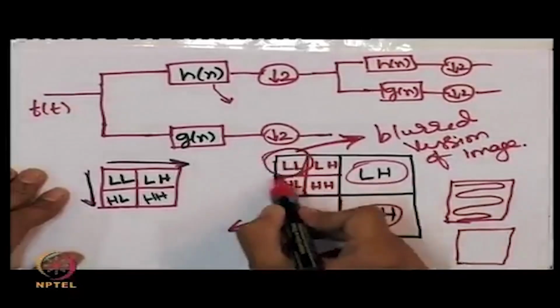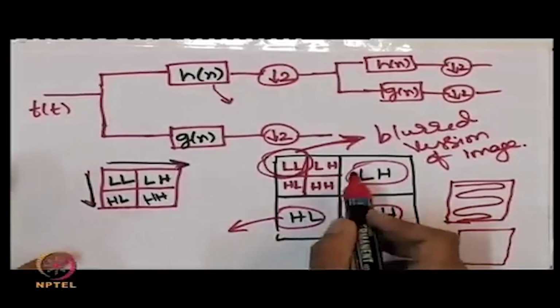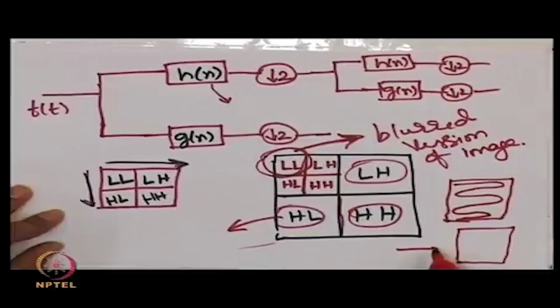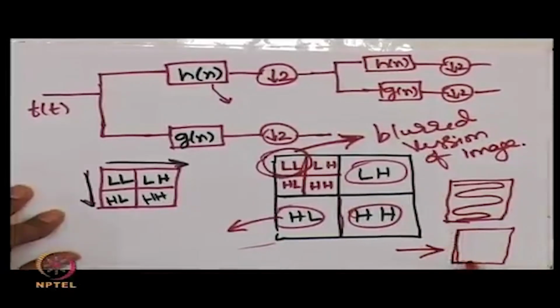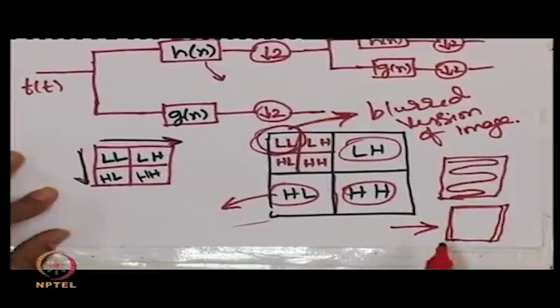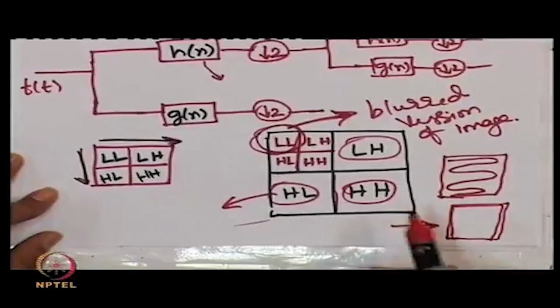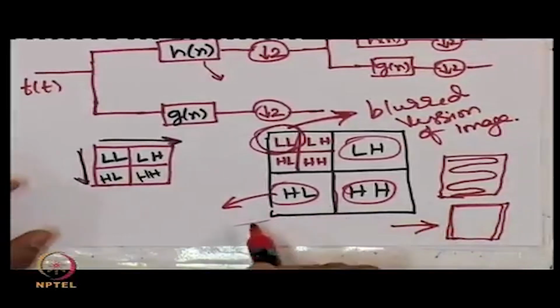First the LL band is transmitted, and then the detail bands. So if you receive the LL band first, you get the blurred version displayed first, and after receiving the detail bands, they add them to the image, and you get the full detailed high resolution image.